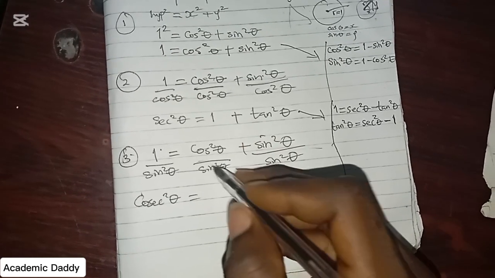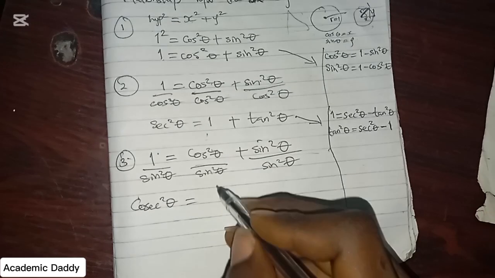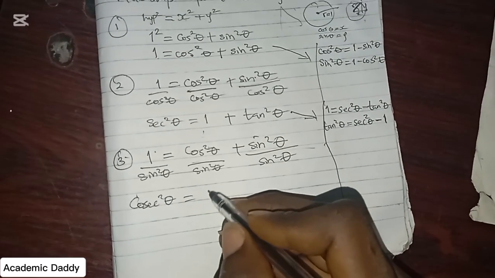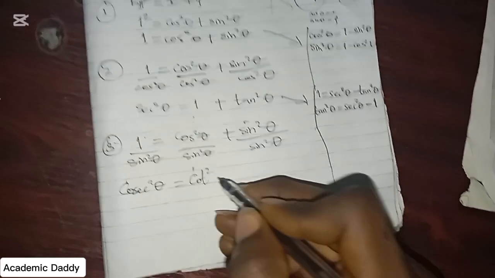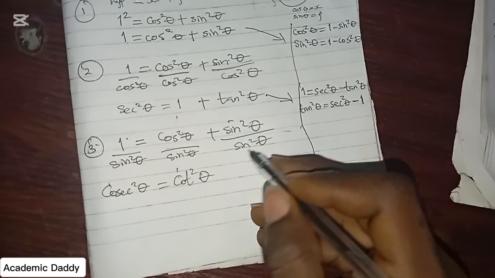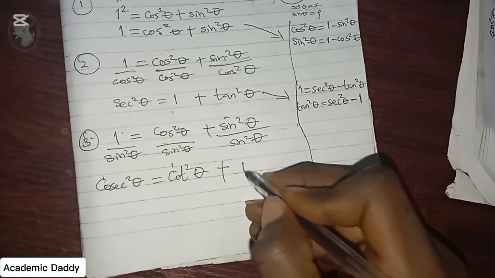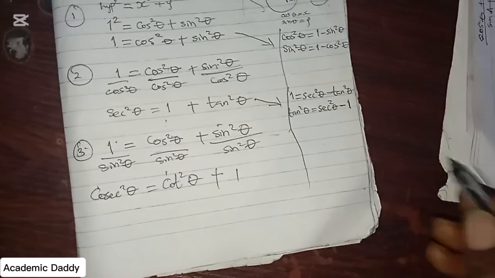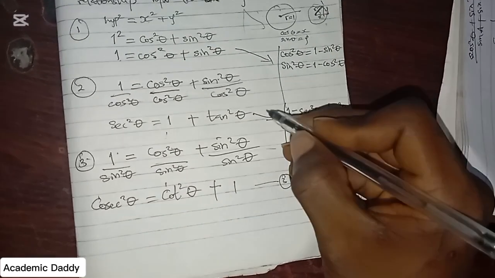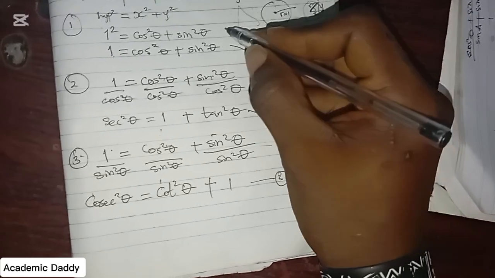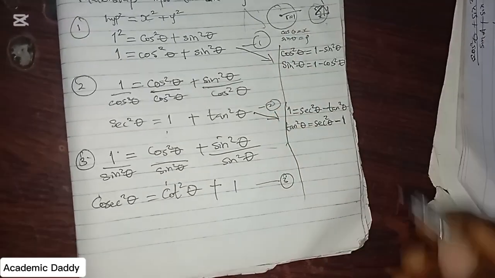Cos over sine is the reverse of tan, and 1 over tan is cotangent, so cos square over sine square is cot square theta. Then sine square divided by itself is 1, plus 1. So this is the third trigonometric identity: cosec square theta equals 1 plus cot square theta.